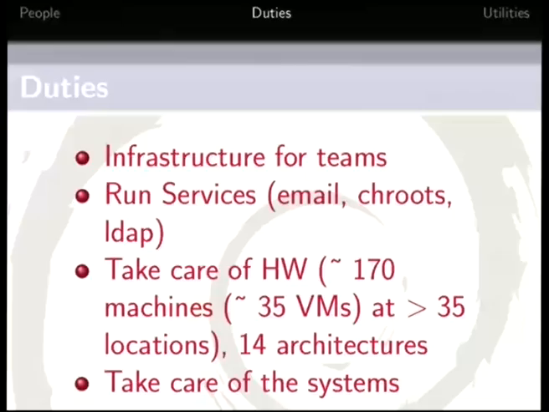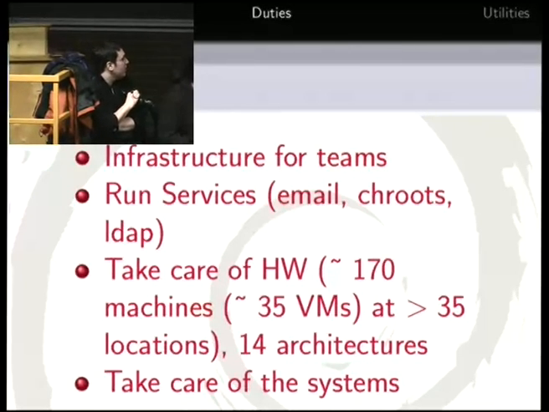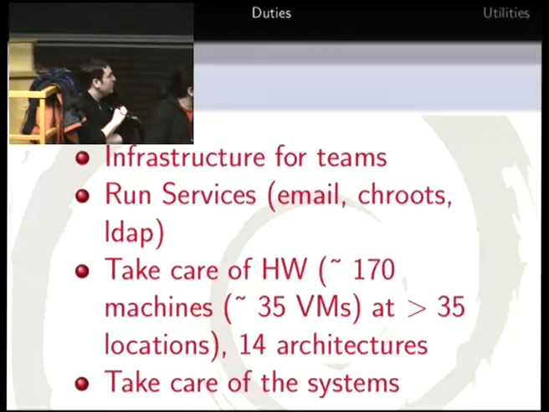Well, what we provide is infrastructure for the different teams within Debian, which is website, CD building, wiki. Well, the huge number of teams build these, for example. We run centralized services like email and LDAP for account management, hosting all the chroots for the different architectures.